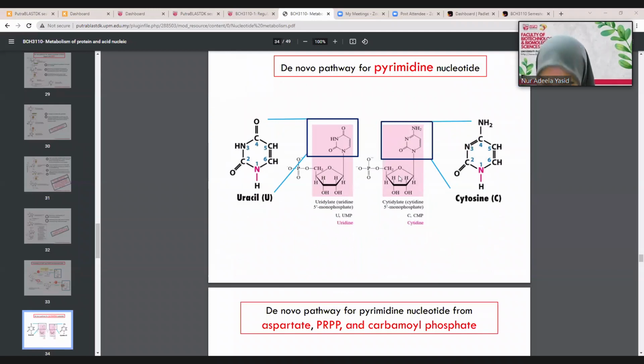So this is the structure of pyrimidine. If you look at the structure of pyrimidine, for example cytosine.